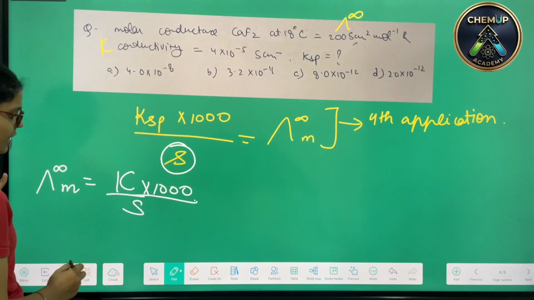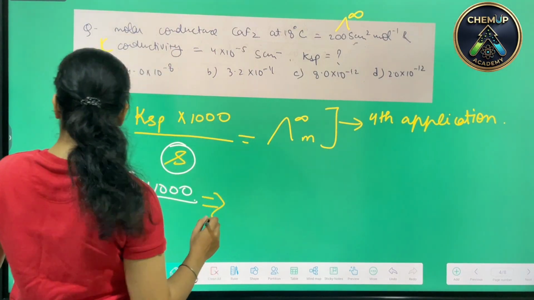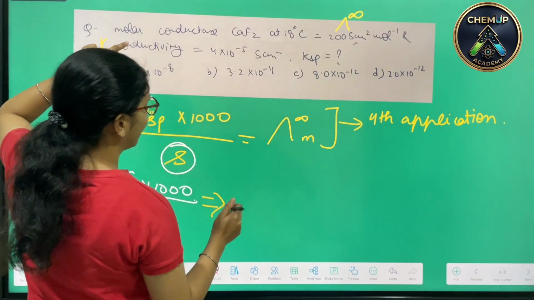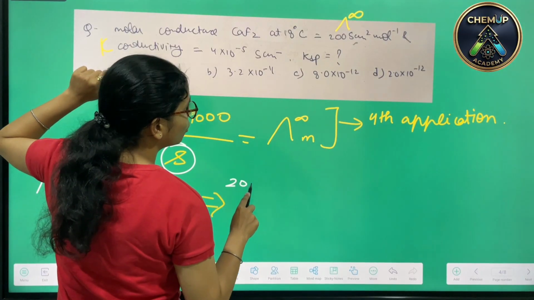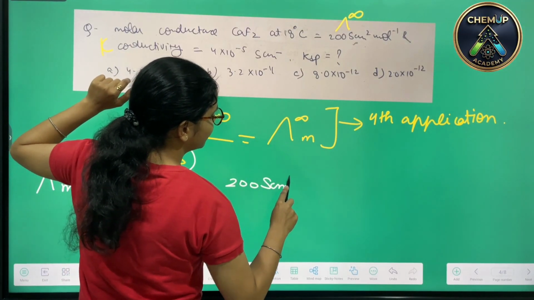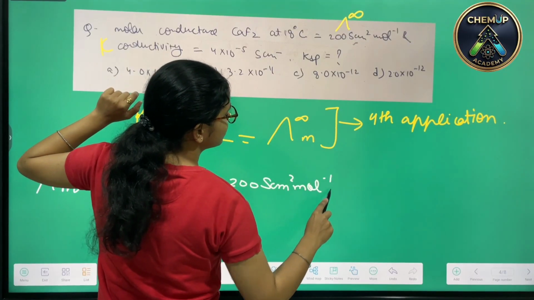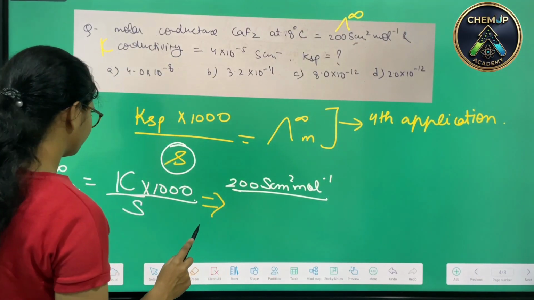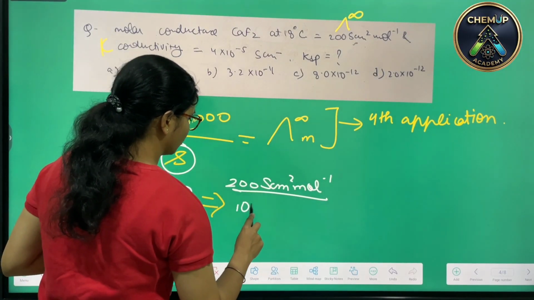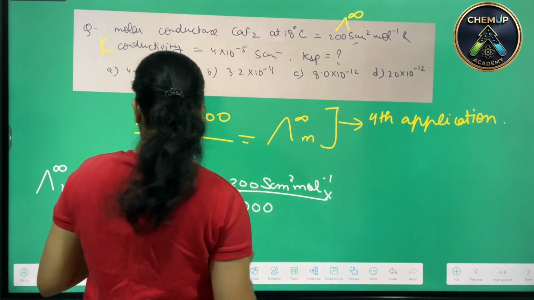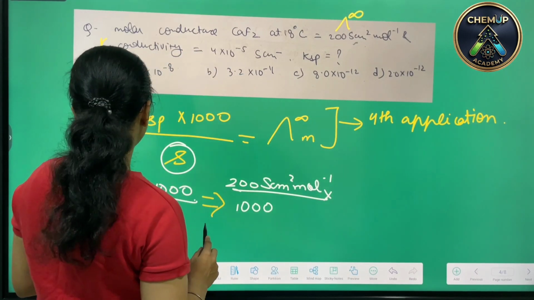Now on placing the values, for molar conductivity we have 200 centimeter square mole inverse. Remember to write the units as well, upon 1000 into solubility, which we need to calculate.